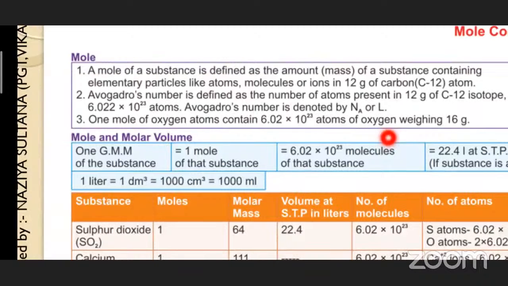Did you all learn? I hope you have learned, right? So the atomic weight of oxygen is 16. So if we take 16 grams of oxygen atoms, it has about 6.02 into 10 to the power of 23 atoms. That means 16 grams of oxygen contains 6.02 into 10 to the power of 23 atoms of oxygen.